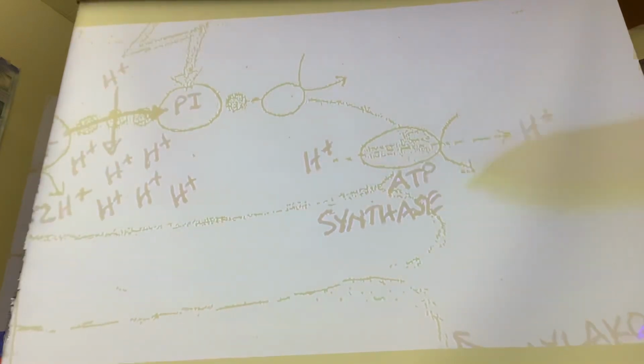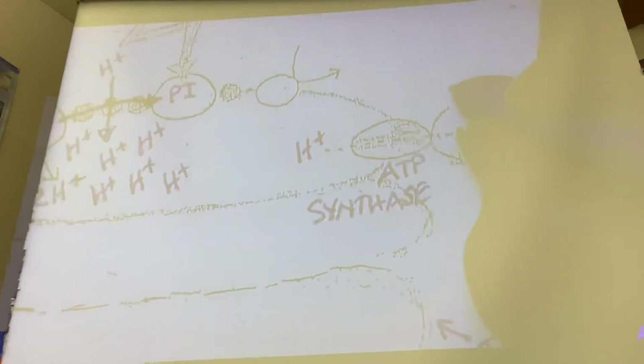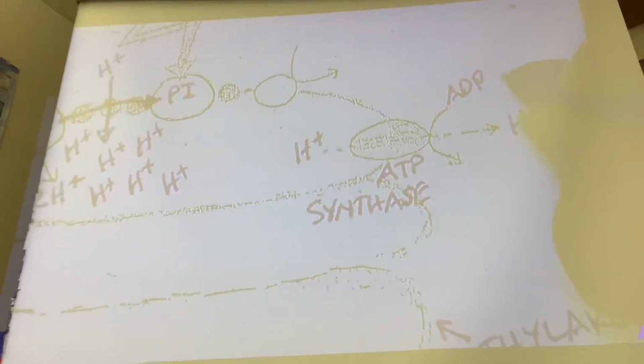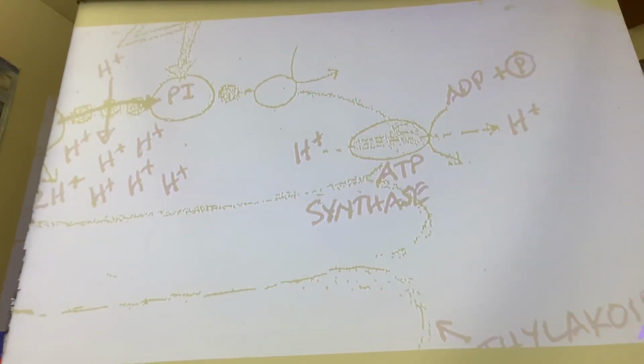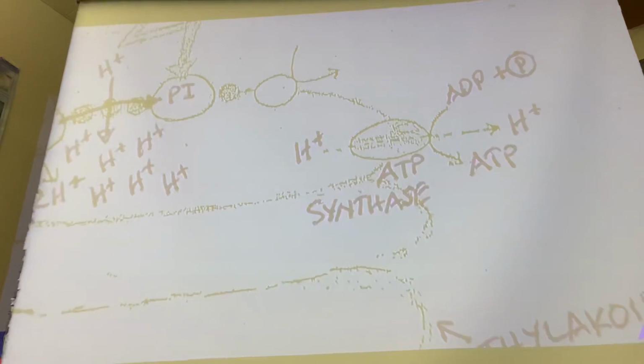And as it spins, it's got these little rotors on it that are going to pick up an ADP, or adenosine diphosphate, so it's got 2 phosphates, plus a phosphate group. It's going to slam them together, and we're going to go from having 2 phosphates to 3, so it becomes adenosine triphosphate, or ATP.